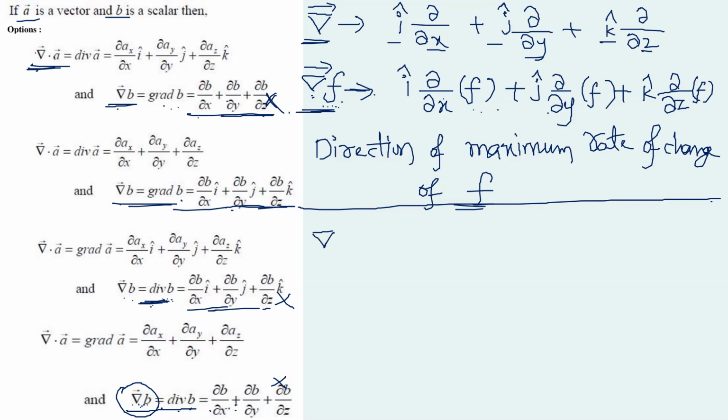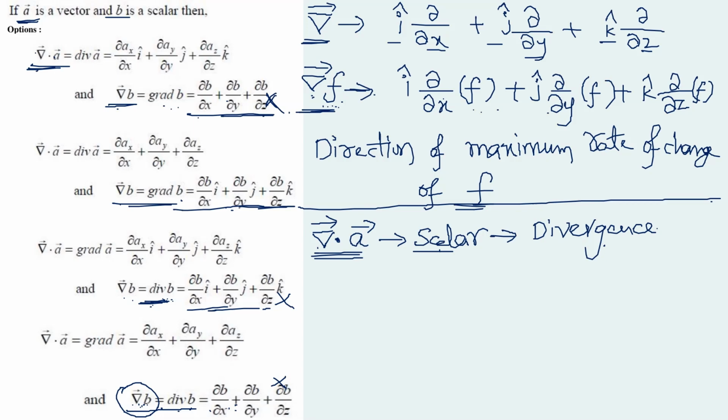We know del, that is the gradient operator, is a vector, and in the problem it is given that a is also a vector, so the dot product of two vectors is a scalar. We call this operation the divergence operation, which yields a scalar output.